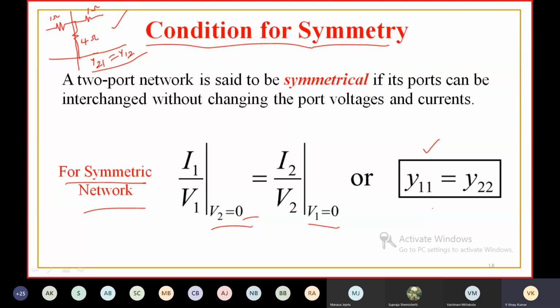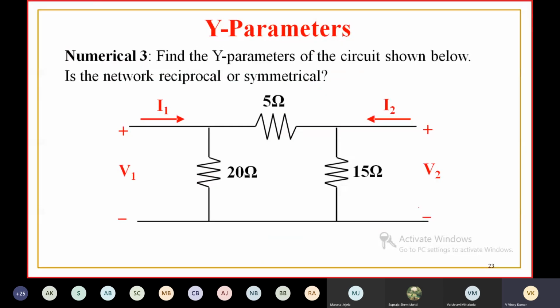So the network is said to be symmetrical when Y11 is equal to Y22. Here, input admittance is equal to output admittance.